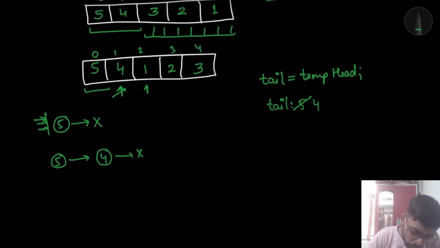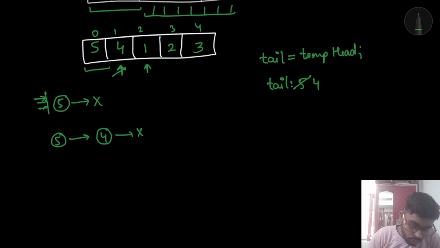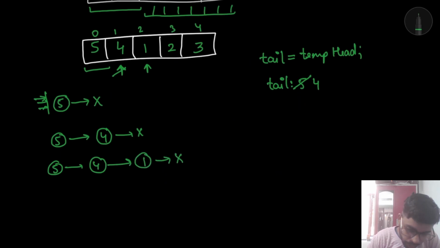Now similarly we will iterate to 4, and after moving to the 1, it will be the same. This 1 will be there, and 1's next will be null, and tail will be updated to null.